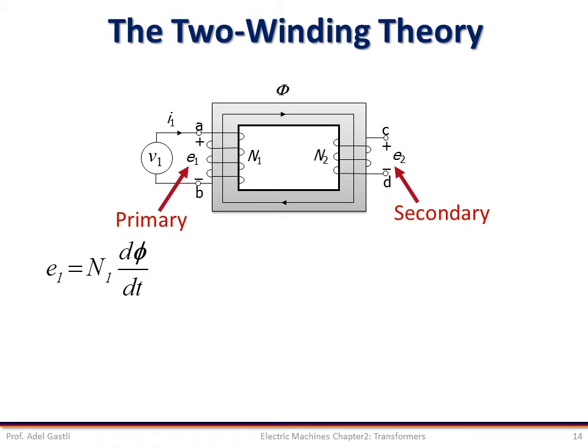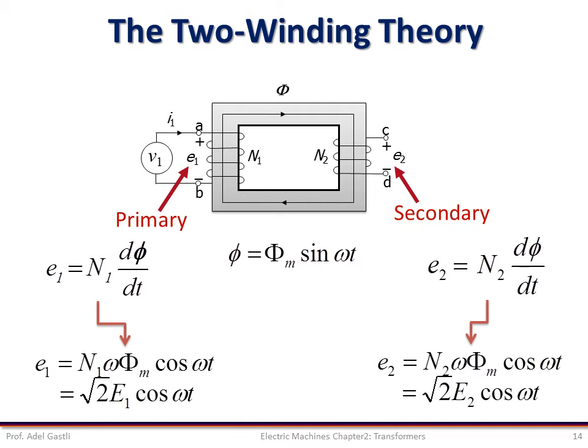The EMF E1 in the primary winding is calculated as the product of the number of turns N1 in the primary winding multiplied by the derivative of the flux over time. Similarly, the EMF E2 in the secondary winding is equal to N2 d phi by dt.